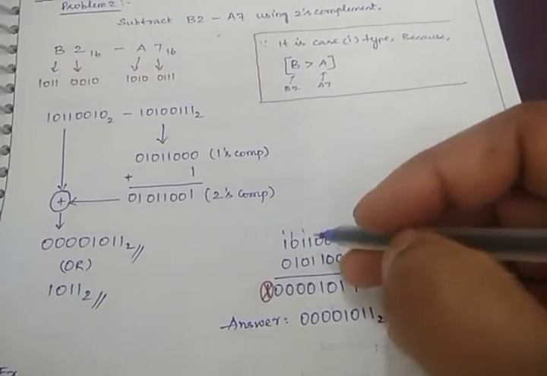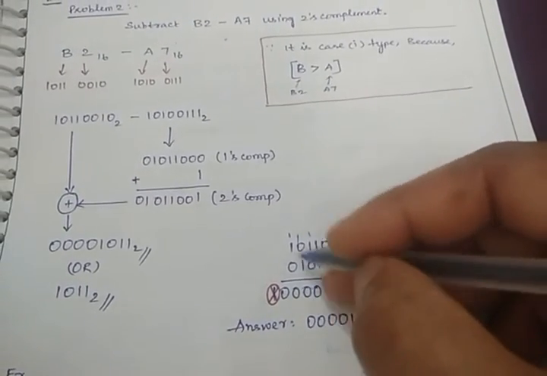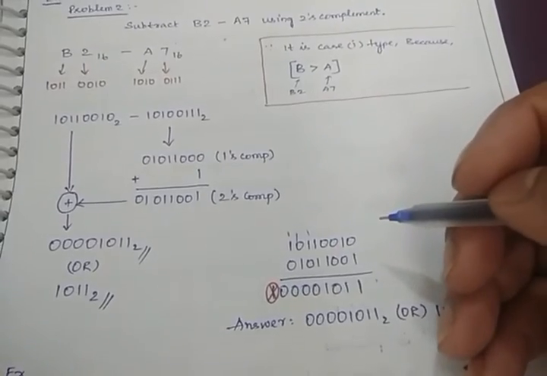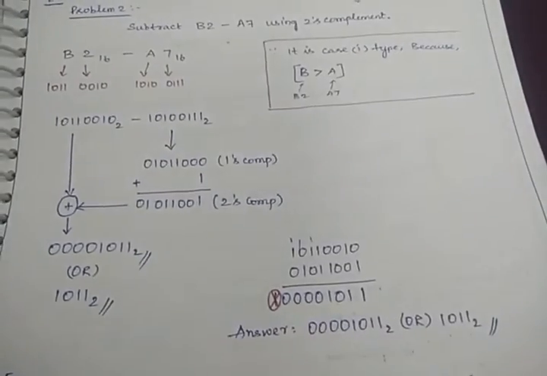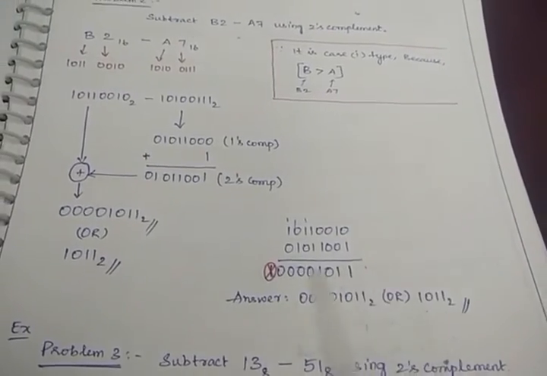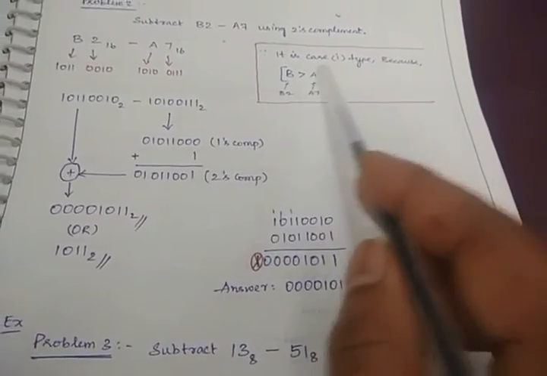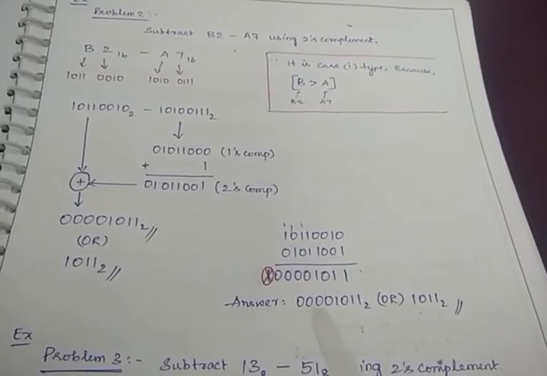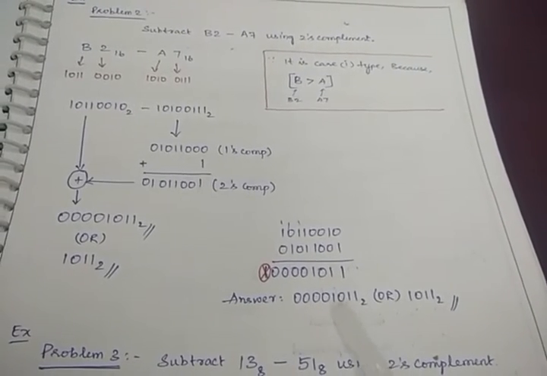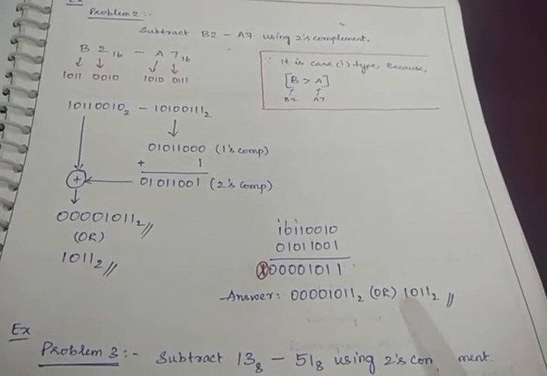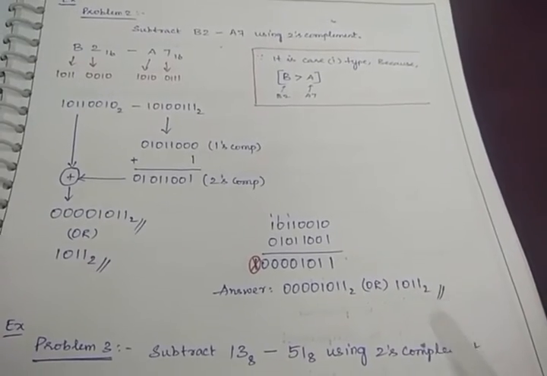So a carry will be generated. That carry we have to ignore because it is a case 1 type. So the final answer is 00001011, or otherwise we can write it as 1011 is the final answer.